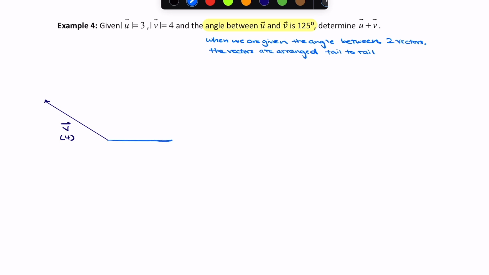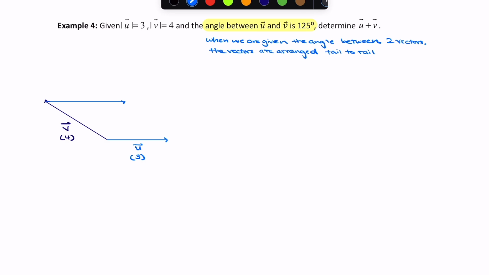And here we have vector u, and the length is given to us as 3. You know that, again, the angle between the two is 125 degrees. And so here we're determining, again, u plus v. Again, we'll use our second method for solving the addition of vectors, which is the parallelogram method or tail to tail.